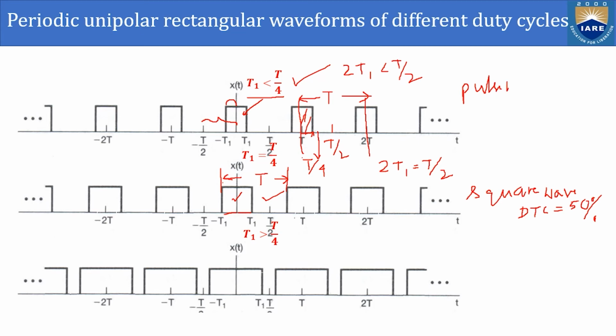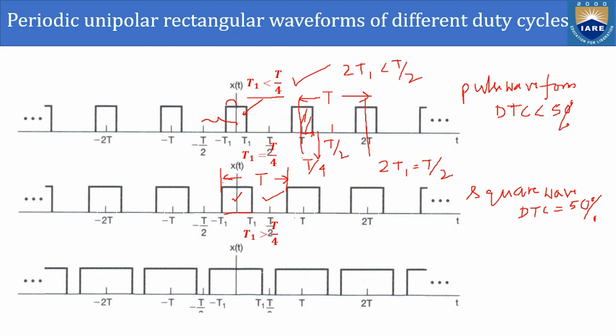Why is it called that? Because the on period is smaller than the half period. So in this case we are calling this a pulse wave or pulse waveform. And here the duty cycle is less than 50%.